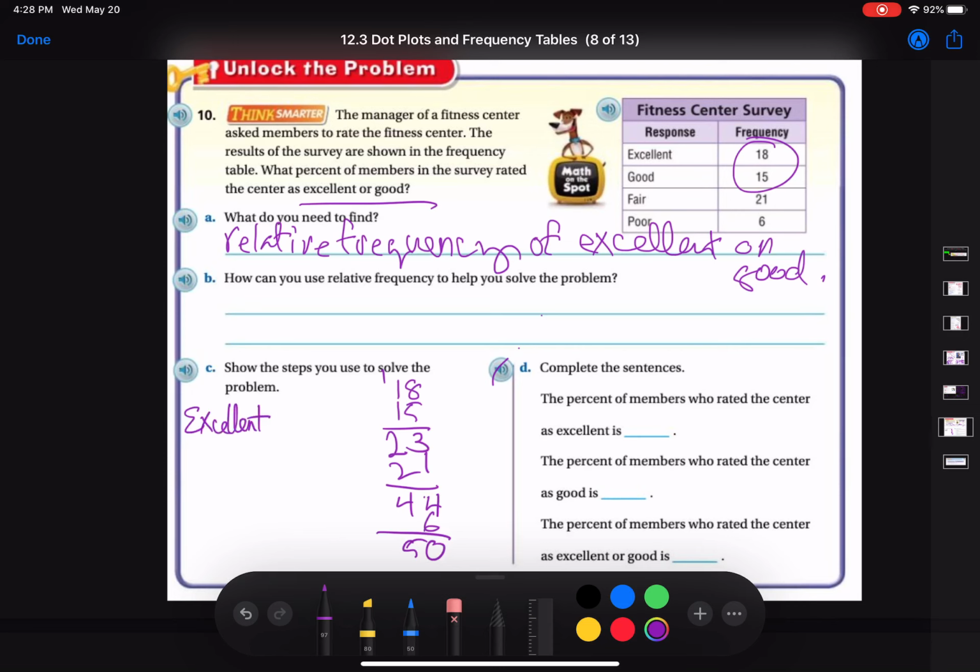So for the excellent, we want to go 18 over 50. Remember where I got the 50 is I added all of these up, and when I added them all up, I got 50. So that's going to be my bottom number when I'm trying to figure out the relative frequency.